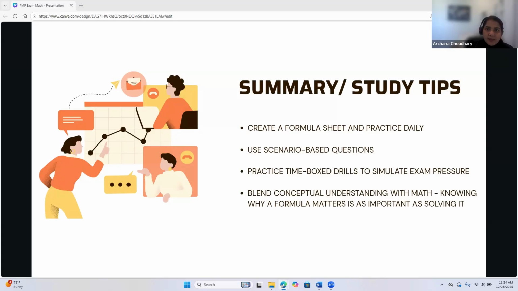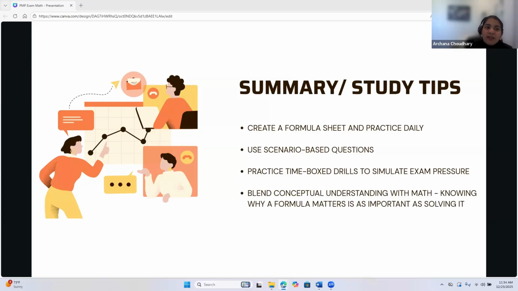So it's always practice, and blend conceptual understanding with maths. Knowing why a formula matters is as crucial as knowing how to solve it. This makes your problem solving adaptable while you understand the question as well.